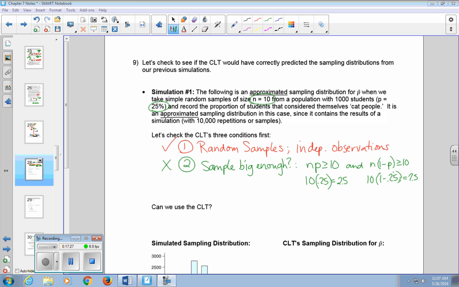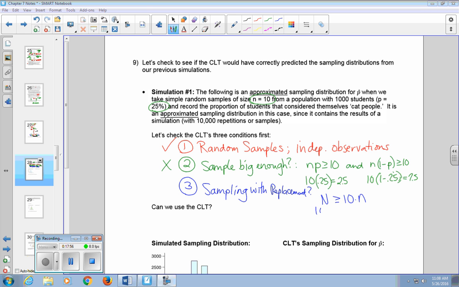This condition wasn't met. And then the third condition was, is the sampling done without replacement or with replacement? Let's put a question mark here. If we're not sure, then we should check those conditions. So is the population size greater than or equal to 10 times the sample size?